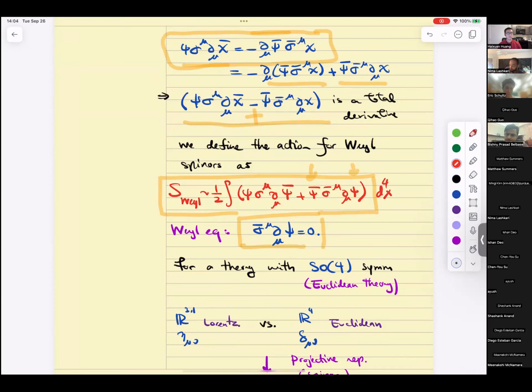The integral d4x. If you vary this action with respect to psi or psi bar, you get the Weyl equation that looks like this. The Weyl equation tells you you could have a single Weyl mode, but to write down this action, we needed two of them.